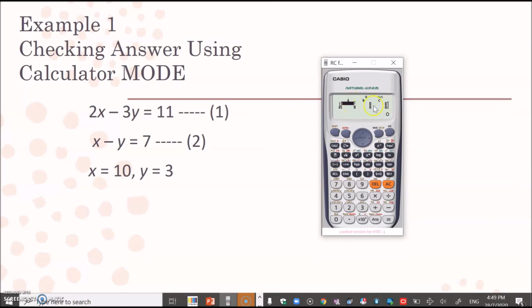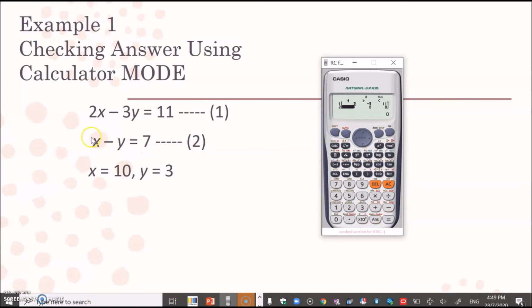Then you will notice there are 6 blanks here. So the 6 blanks is actually for x, for y, and for the number. So coefficient of x, coefficient of y, and the number over the other side. Okay, so you have equation 1, equation 2. So let's put in here first. 2, negative 3, and 11. So 2, enter, negative 3, enter, and 11, enter.